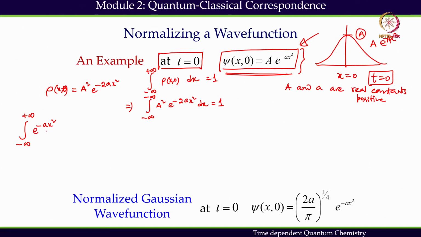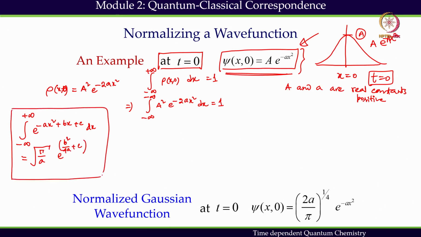This is the standard Gaussian integral which we will be using on many occasions in this course: the integral of e to the power minus a x square plus b x plus c dx is the square root of pi by a times e to the power b square by 4a plus c. We do not need to derive this one.